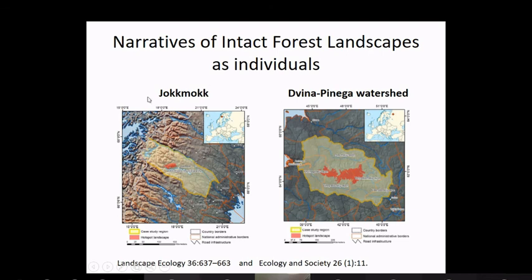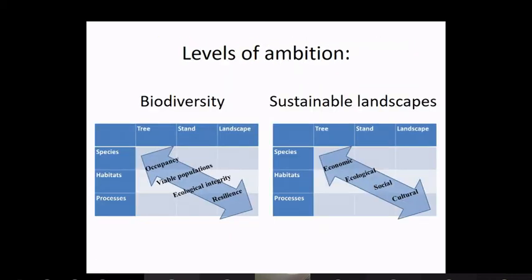So what we're doing now is to tell stories about these places, viewing them as individuals, and there is a couple of papers which has begun this work. This is Jokkmokk and this is the Dvina-Pinega forests. And what is important is that when it comes to biodiversity, you can conserve biodiversity with different levels of ambition.